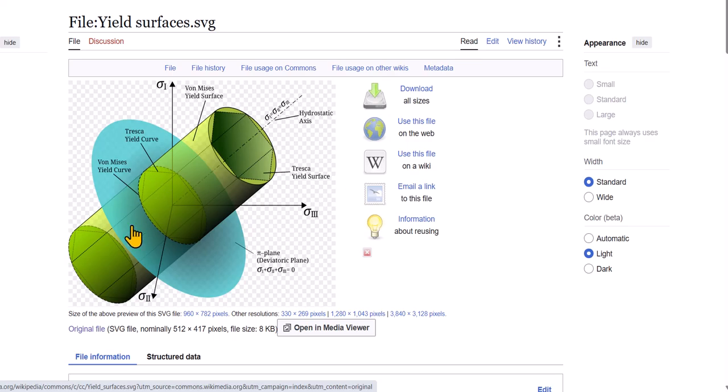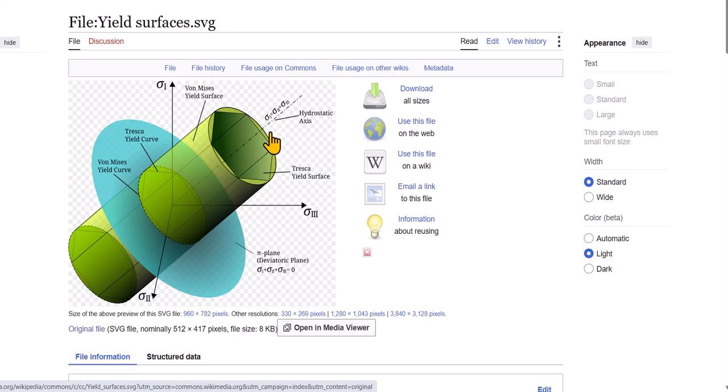This is what we are discussing, that elliptic shape and the Tresca inscribed. And then if you expand it along the hydrostatic axis, which is 1, 1, 1 divided by square root of 3, this line, the axis, you get a cylinder. And obviously, similarly, inside that cylinder, you have the Tresca.